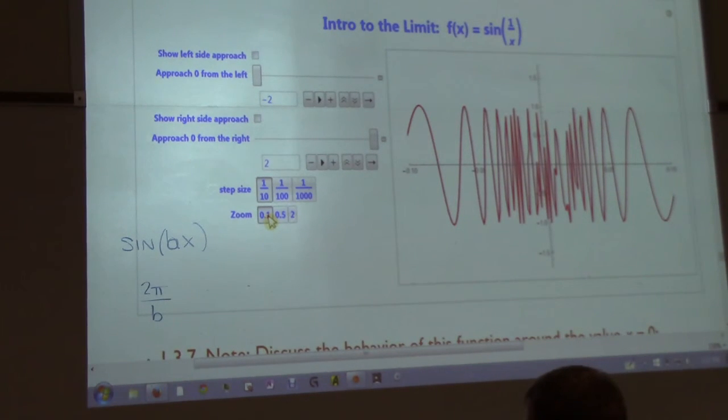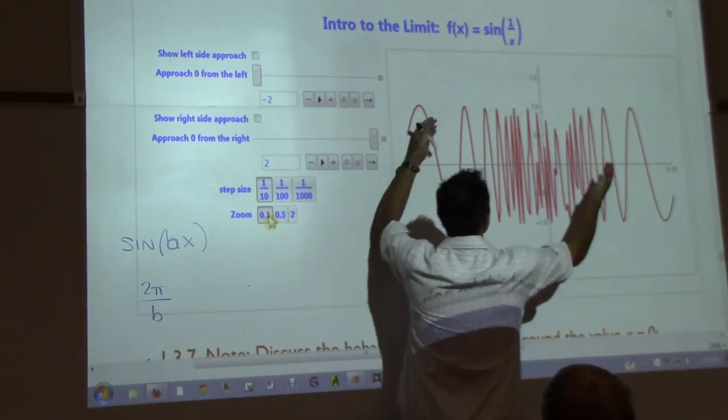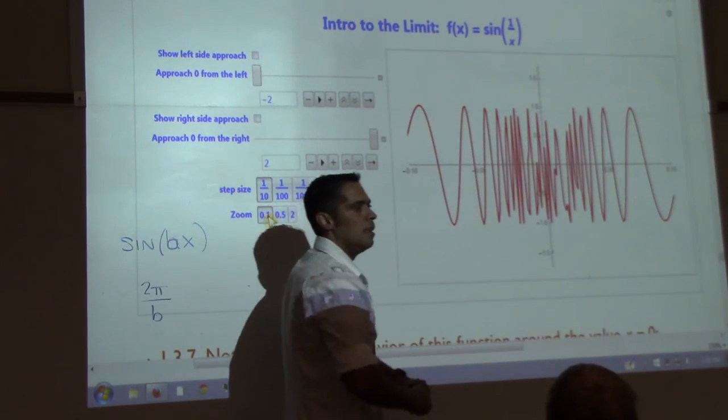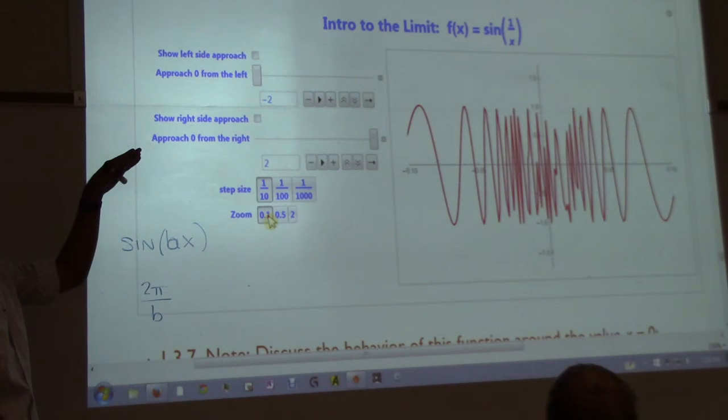That would be specific. I'm saying if you're looking at a function and it's behaving erratically as you're approaching a point, then we're going to somehow say that where it's headed to is like undefined, isn't it? You can't say that this thing is headed towards 0, can you? You can't say that the function is diving into 0. You can't say it's headed to 1, because as soon as you say it's up at 1, it's down at -1.